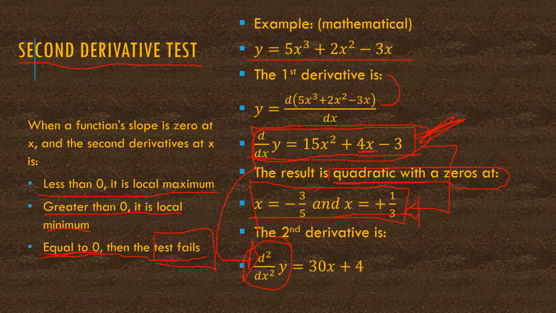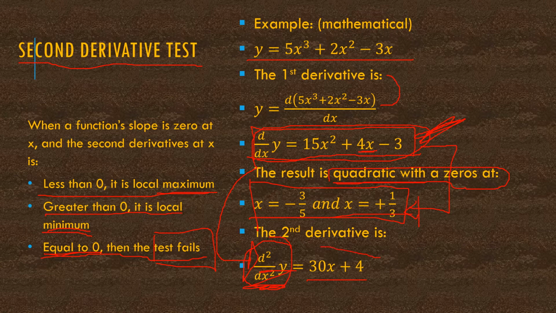I am just showing a shortcut, but if you expand it, supposedly this will give you d squared y over dx squared. By means of that, you will have the final answer of the second derivative, which is 30x plus 4. Now, how do we determine if we have the maximum or the minimum?